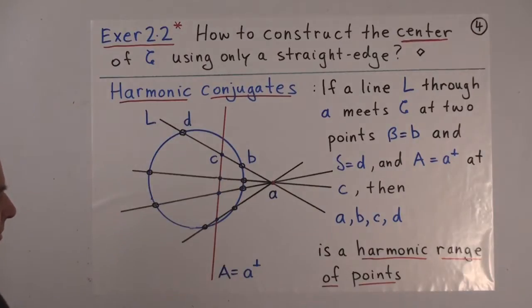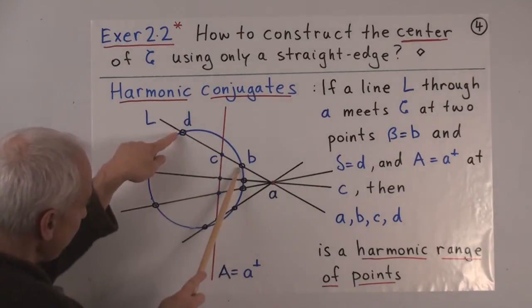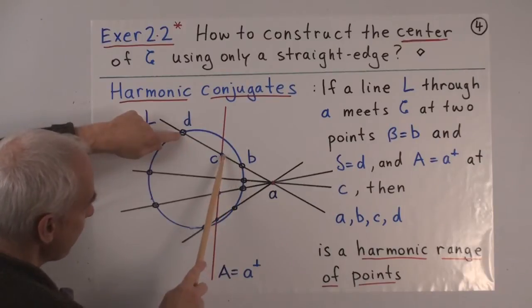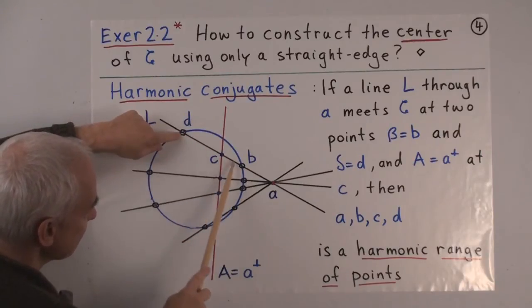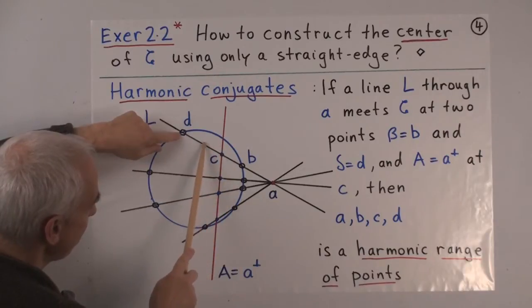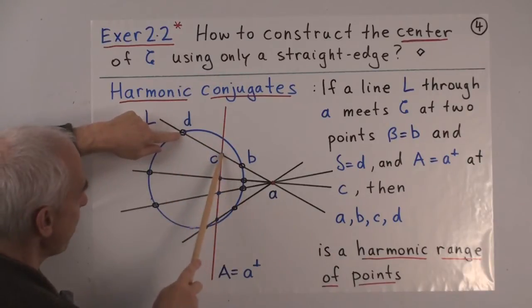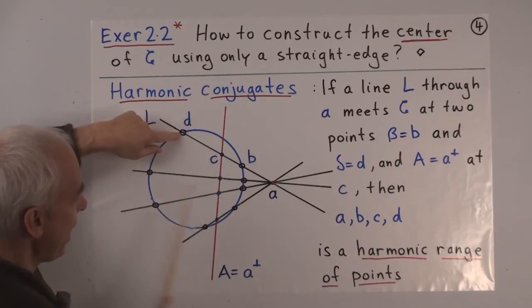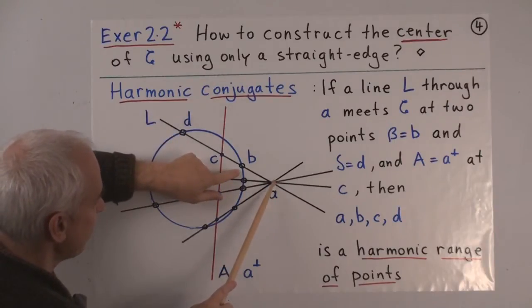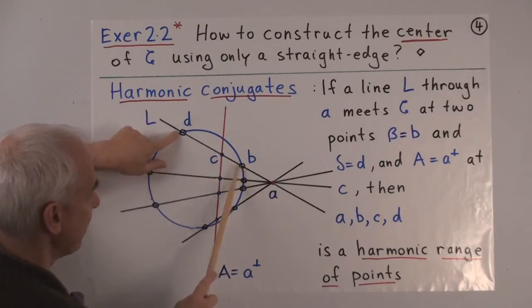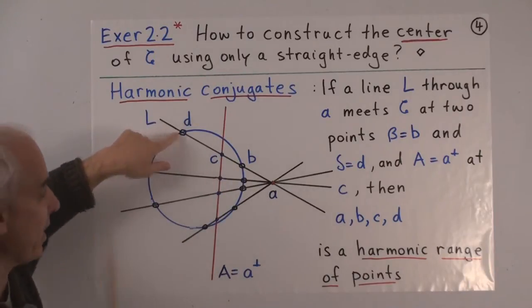And what does that mean? So if you look at BD and think of that as an interval, then this point C, in this case, might divide it into roughly the ratio 1 to 2, or maybe 1 to 2.5. And the claim is that this point also divides this segment externally in that ratio.